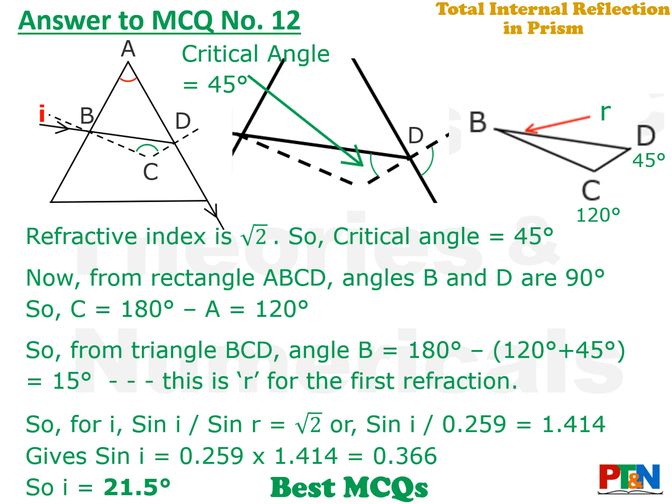Not to worry, you have got the values given in the trigonometric table. So now we will do simple sin I by sin R. Sin R is sin 15 degree, value of that is given as 0.259. So you get sin I value as 0.259 into 1.414, that is 0.366.